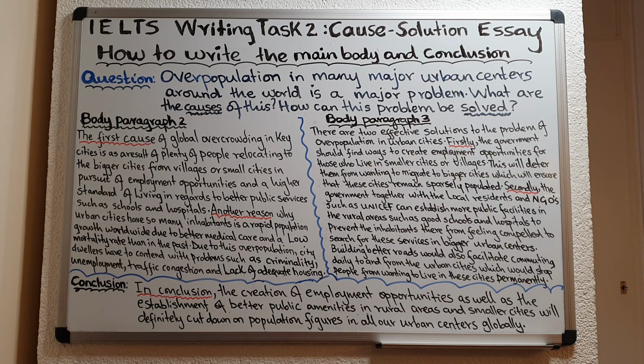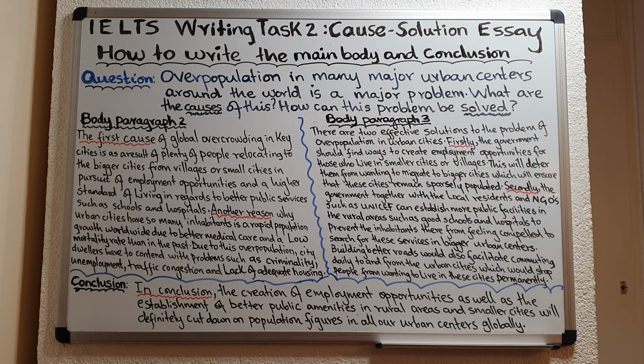In my case, I have as a result of, okay, I have or, I have and, I have in regards to, I have such as, okay. Now, the first thing you do in body paragraph 2 is simply write the first cause of overpopulation. And then after that, you write the second one.